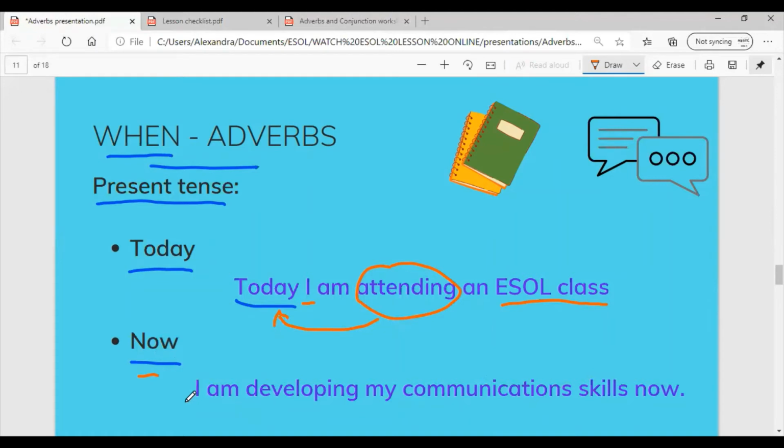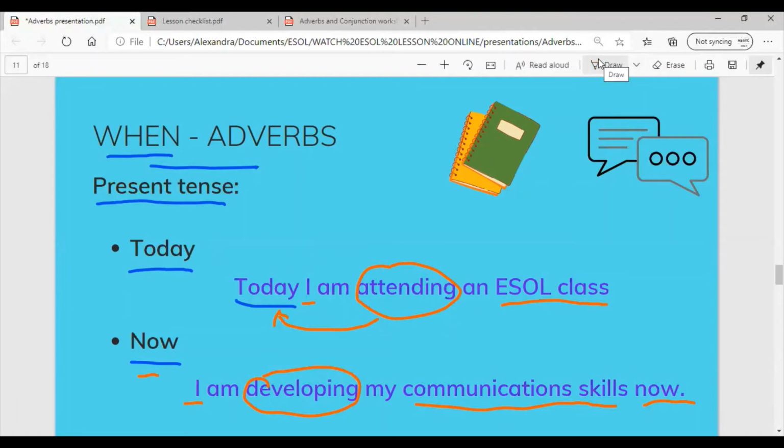So we've got our nouns, I, and communication skills are also nouns. And we've got our verb, which is developing. So developing means to improve, to get better. So I am developing my communication skills now. And that leaves us with now, which is our adverb. The adverb is telling us when the action is taking place. It tells us that we are developing our skills right now.